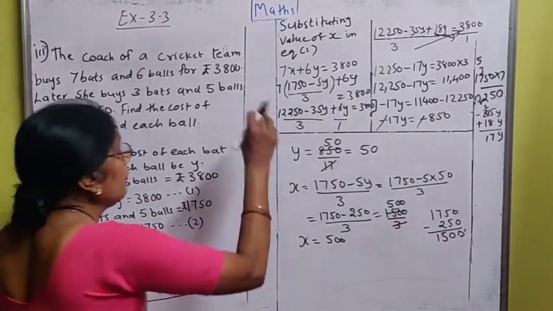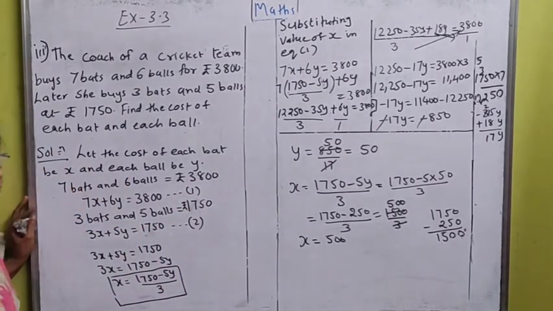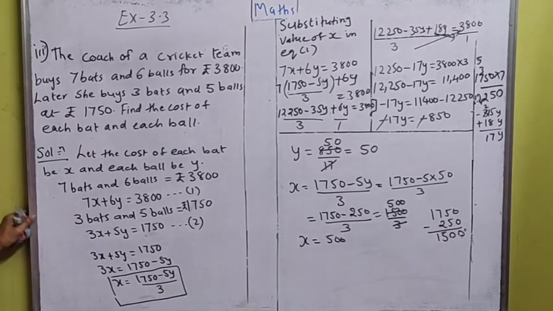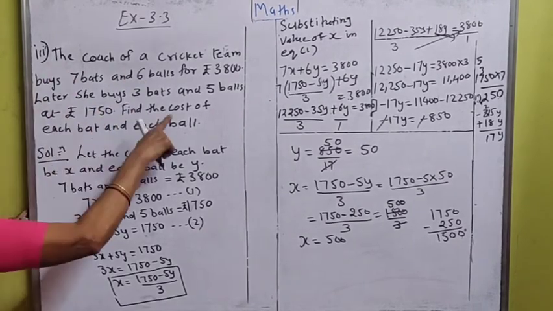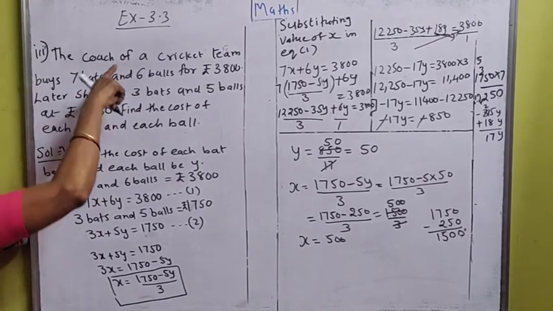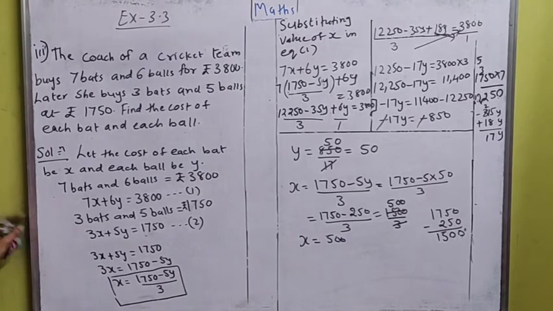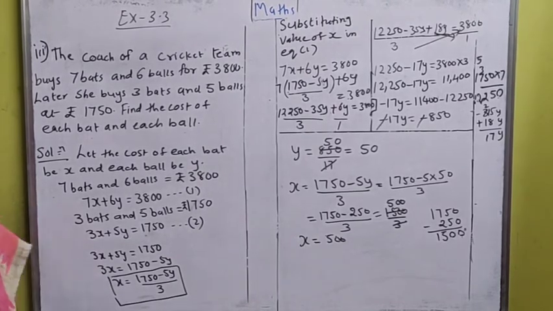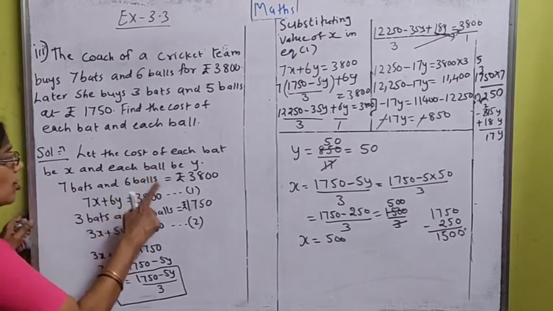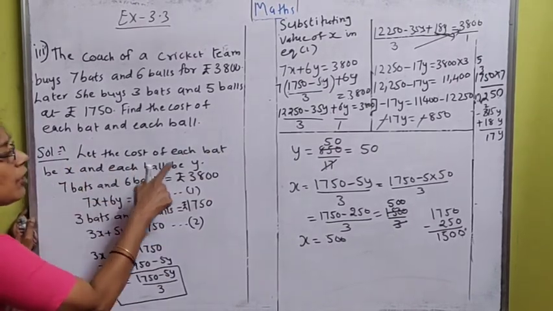See, here we first made the linear equations. How did we make the linear equation? See what is given: 7 bats and 6 balls together, the lady coach pays rupees 3,800. We don't know the cost of a bat and the cost of a ball, so we take: let the cost of each bat be x and each ball be y.